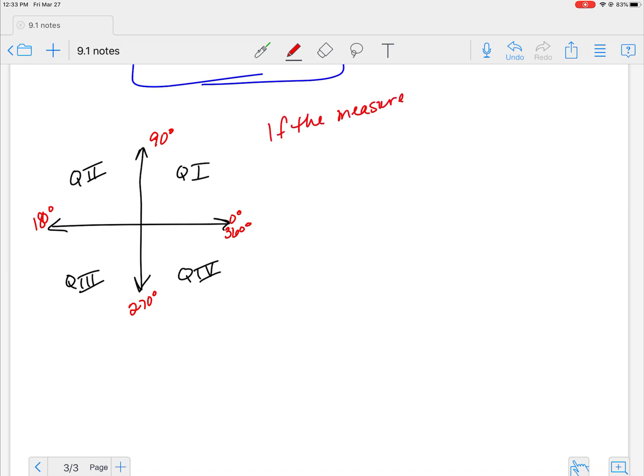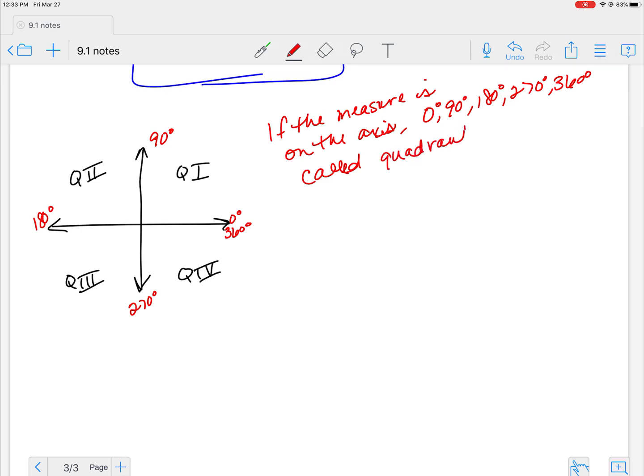If you have an angle measurement like 90 degrees, if the measure is on the axis, 0, 90, 180, 270, 360, and typically 360 is not really one that we go for, but you can keep swinging it around.